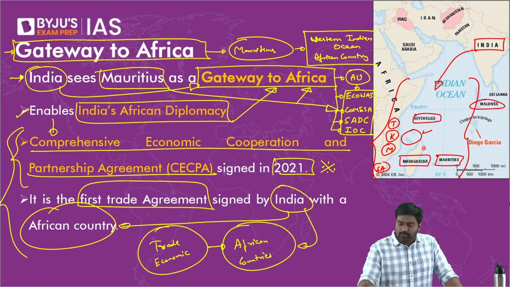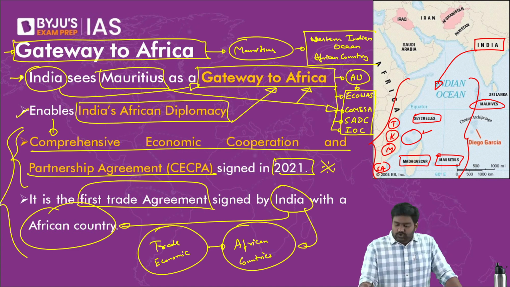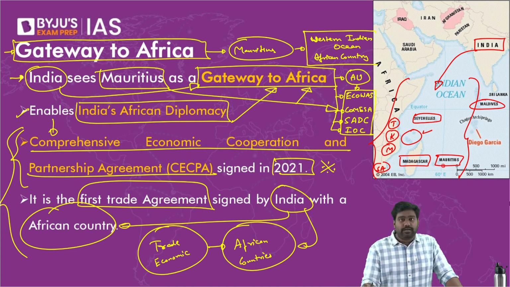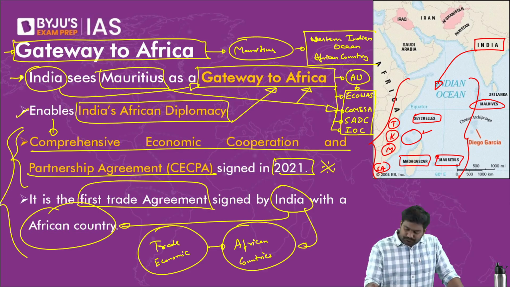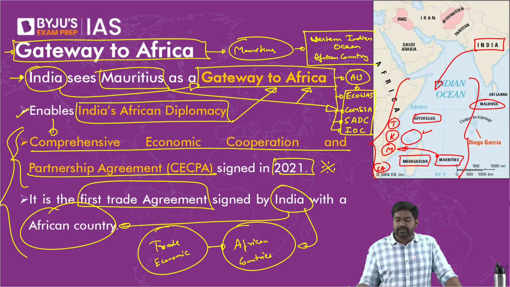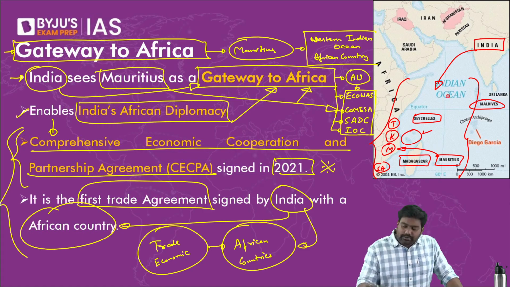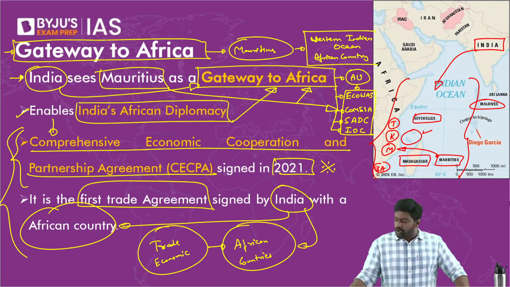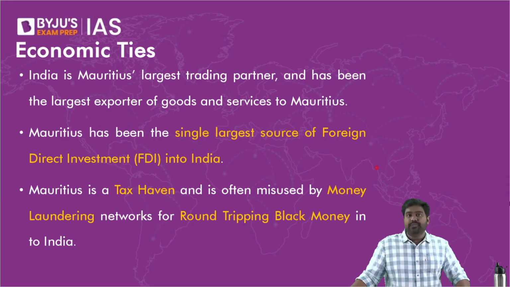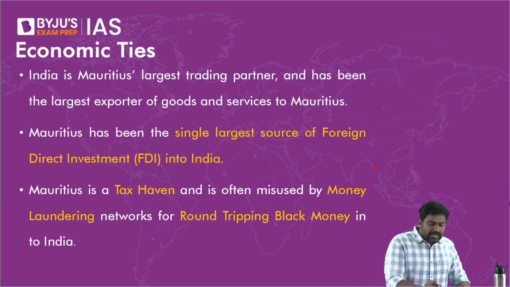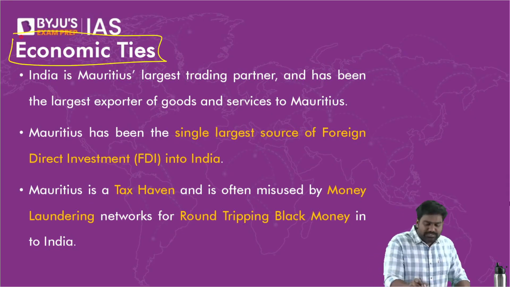They're all very important for India. So given Mauritius' location and it's an African nation, it can allow us to push our African diplomacy. It can allow us to dominate these waters to protect our security and strategic interests as well, right? So India has very close economic ties with this country.